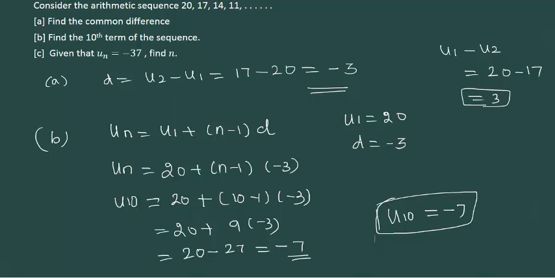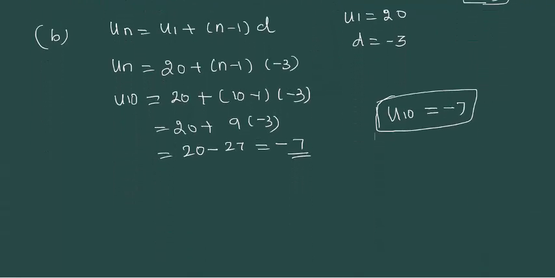Just now we found in the B part that minus 7 is the 10th term of the sequence. Similarly, minus 37 is a member of the sequence, and which term is that? 10th term or 20th term or 40th term?